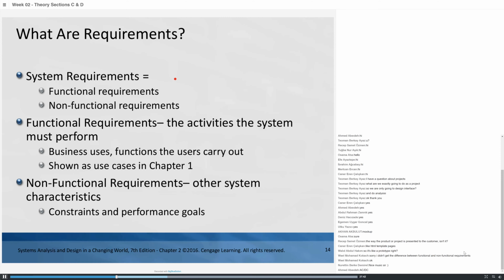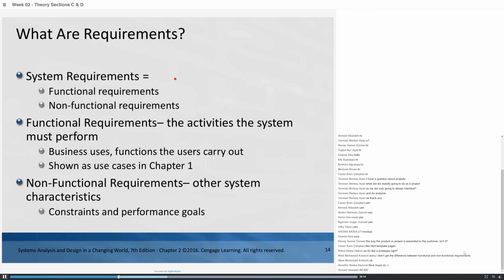Also, you can say that the data of this project should be encrypted using a certain security algorithm. This is another non-functional requirement. You see the difference? Functional requirements are about services and activities by the system. Non-functional requirements are the characteristics.